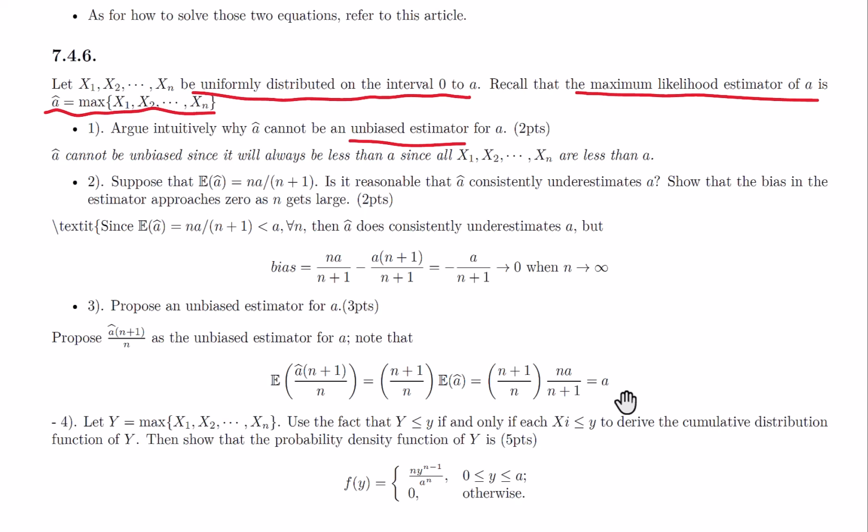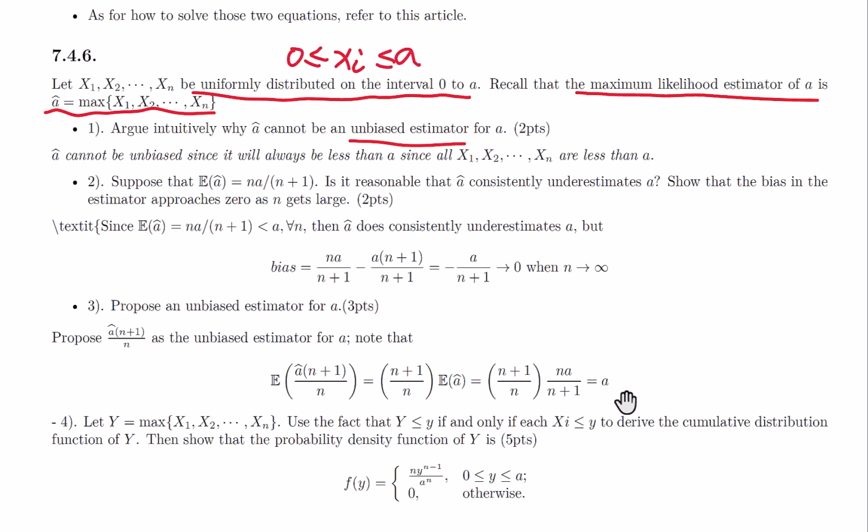So remember, for this joint distribution to be non-zero, we know each of these xi has to be strictly between 0 and a.